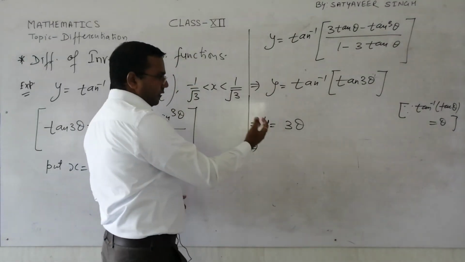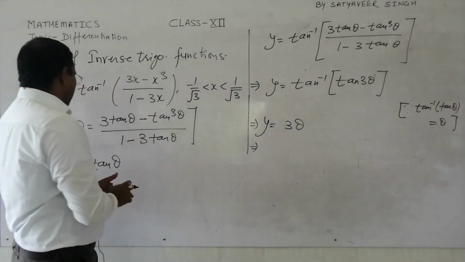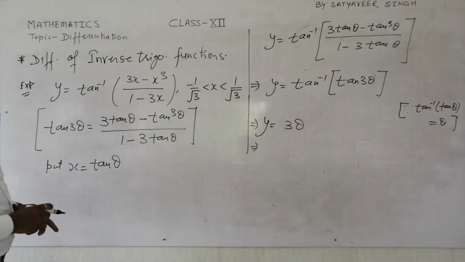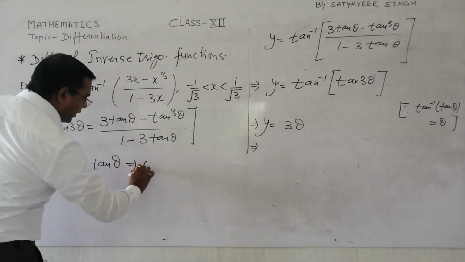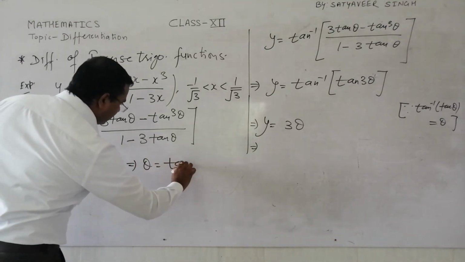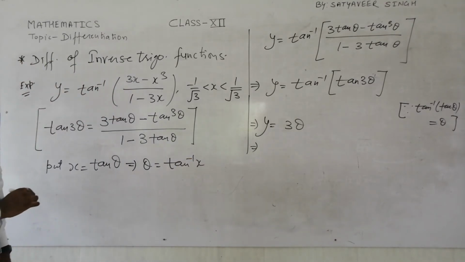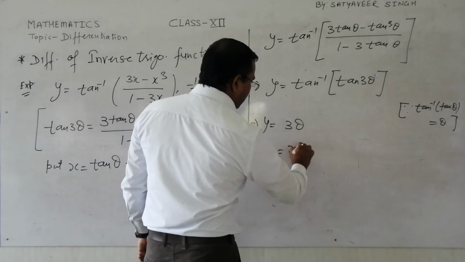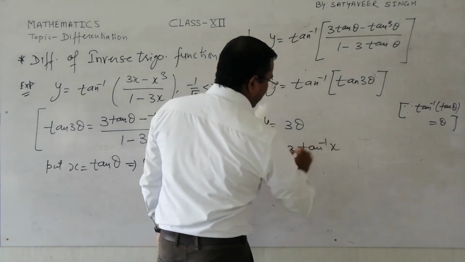Now you can differentiate, but do not differentiate with respect to theta. You find theta from here. Theta is equal to tan inverse x. So if you replace this, y is equal to 3 tan inverse x.